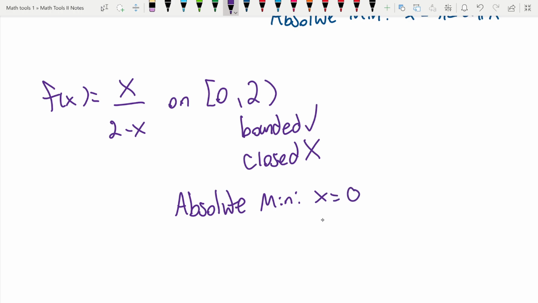And sometimes we might say that the minimum is at 0, and that the minimum is, in this case, also 0. But just a little bit about the language that you might see here. The absolute minimum at x equals 0, and the absolute minimum is 0, which refers to the y value, right? So let's say y equals 0.